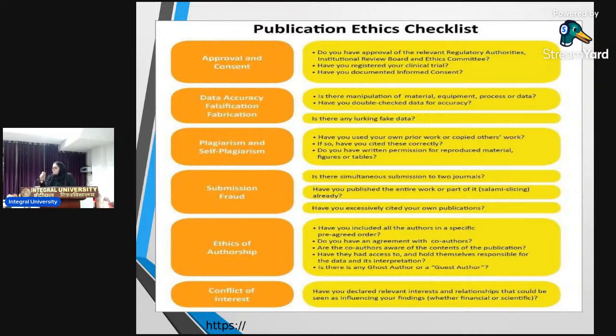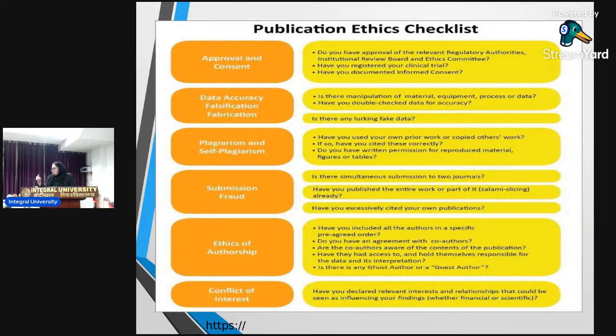So right in the beginning, you have to disclose the competing interests, right? Disclosure of having a conflict of interest is not a misconduct. We may have conflict of interest, right? But not disclosing the conflict of interest is a fraud, right?